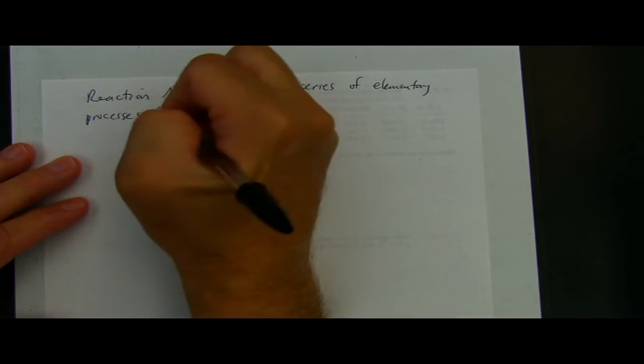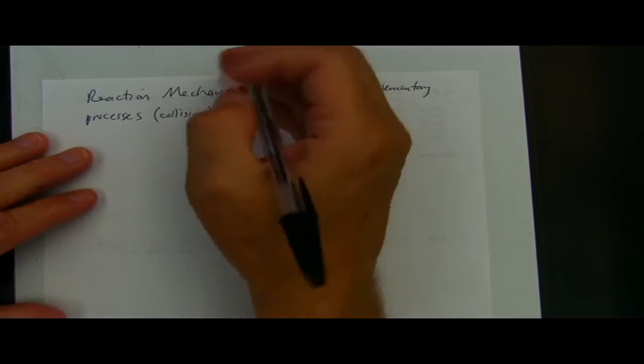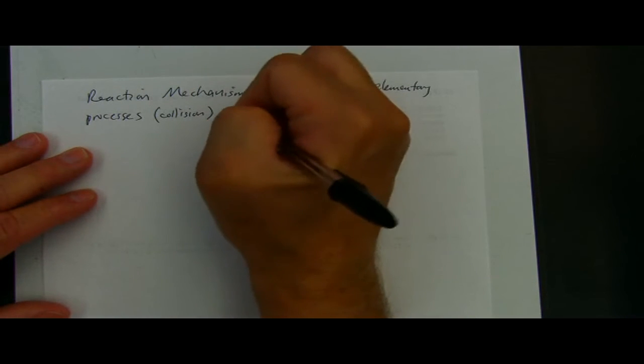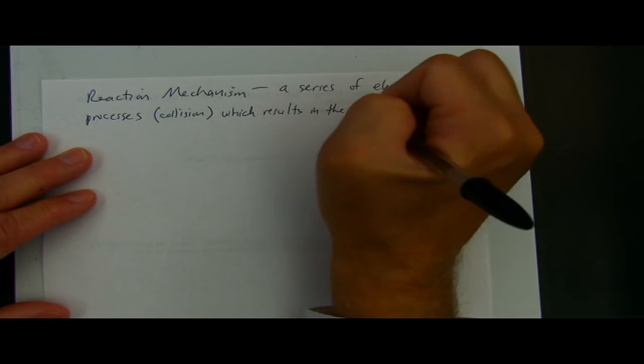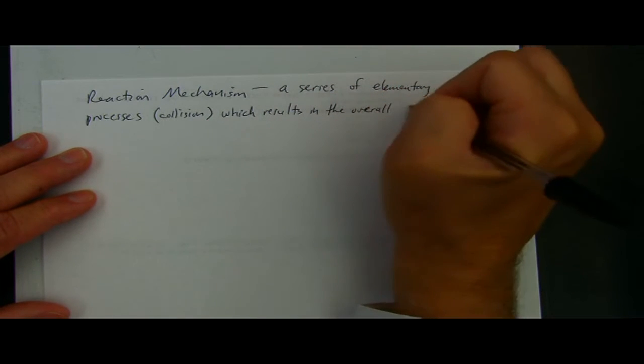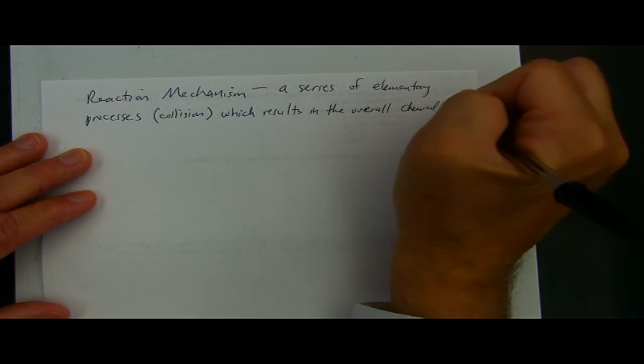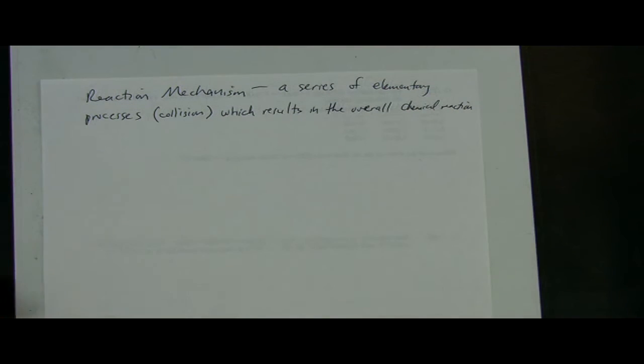An elementary process is an actual collision which results in the overall chemical reaction. That's called a reaction mechanism. When you look at a balanced chemical reaction, that does not tell you how the reaction actually occurs. A mechanism tells you the process that actually occurs.